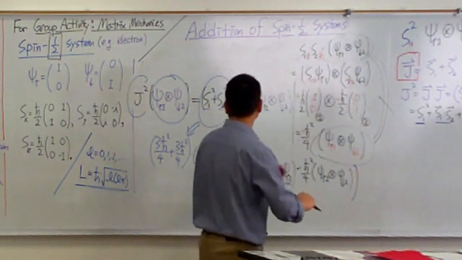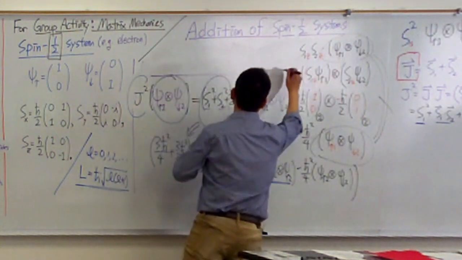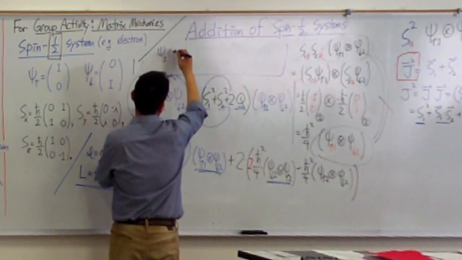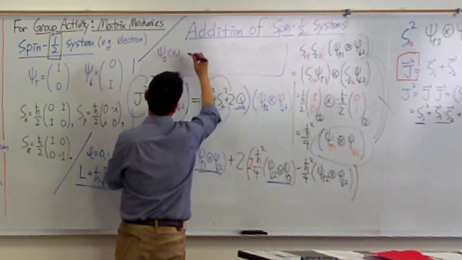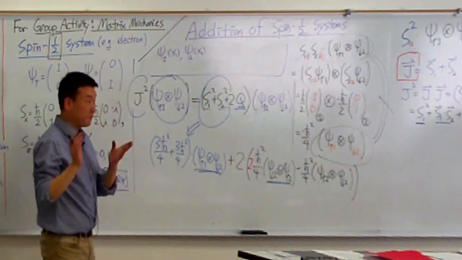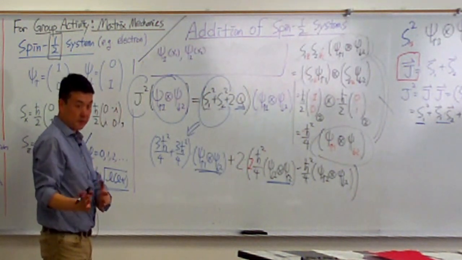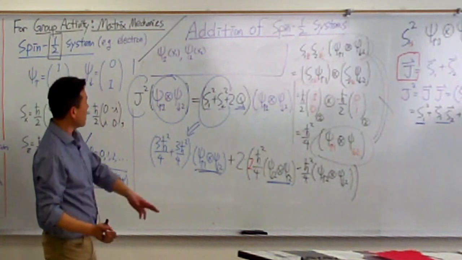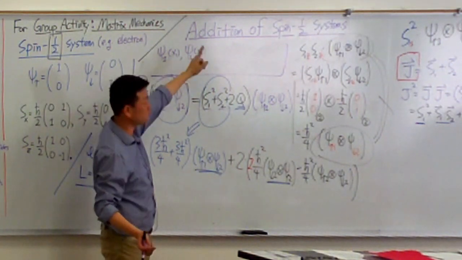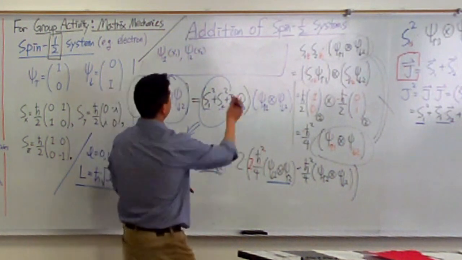So if you have psi 1, let's say x1, and psi 2, x2, the way we built a symmetric state was by having the product, and adding it to another product with these two swapped.